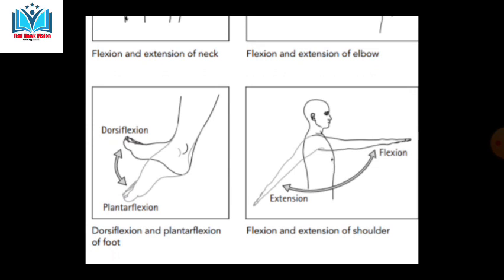It says extension is when the angle of the joint increases, and flexion is when the angle of the joint decreases. You can see it in the flexion of the shoulder, how the angle of the joint decreases and how the angle of the joint increases.